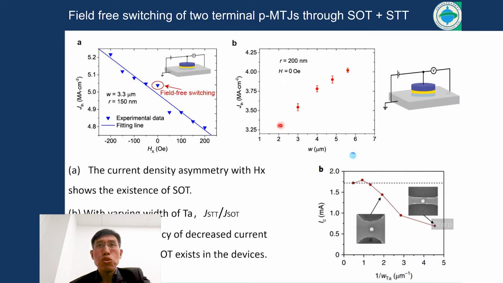In this case, we also tried sending a two-terminal device current, so we send just current passing through the MTJ. You can see that when we enlarge the SOT channel, its current density changes. This confirms the contribution of the SOT mechanism from the bottom electrode.